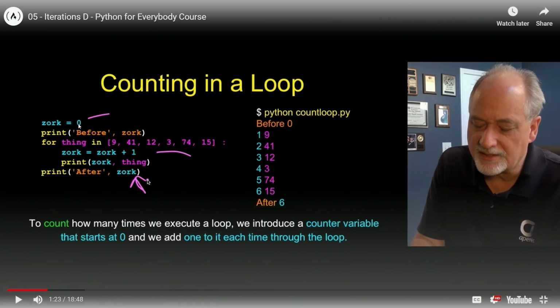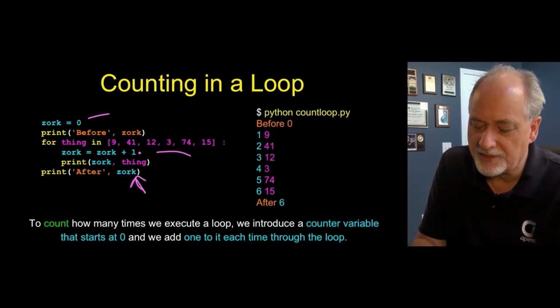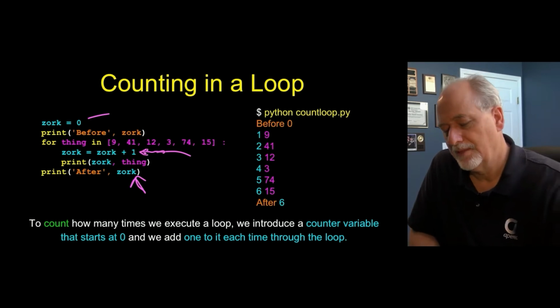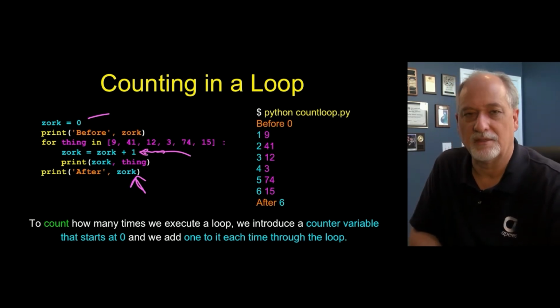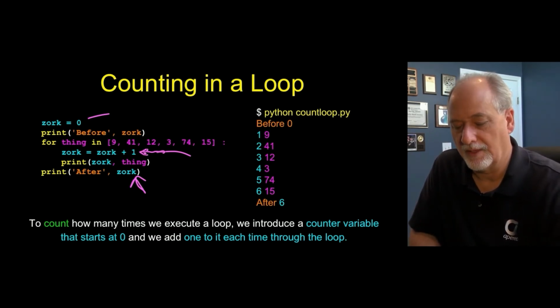Set Zork to 0, print before, and then what Zork is. Then after that, for this list I give you, type 1 in between, 1 in front of it, type the, anyway, you see how hard it is to say this stuff. I can't even say it that easily, but whatever, let's go. It's how many times this line ran. Right? Sometimes you put this in an if statement, et cetera. Okay?